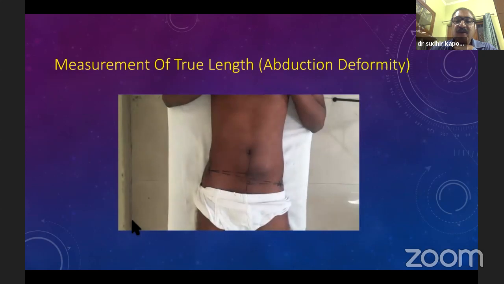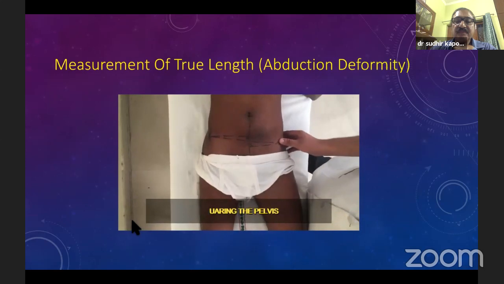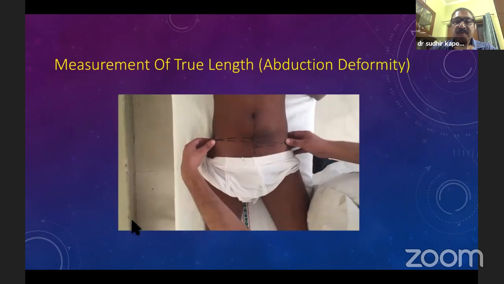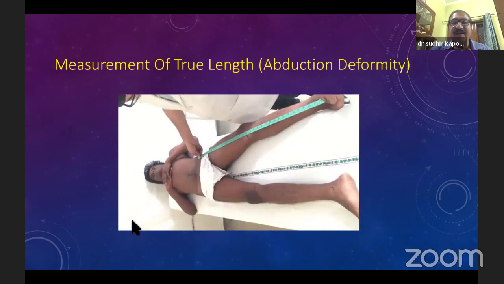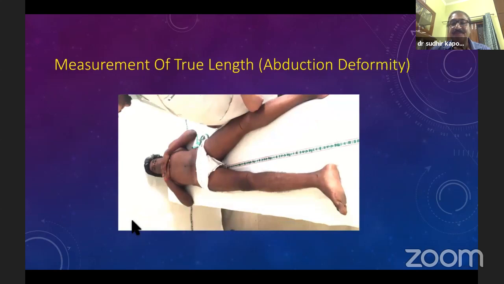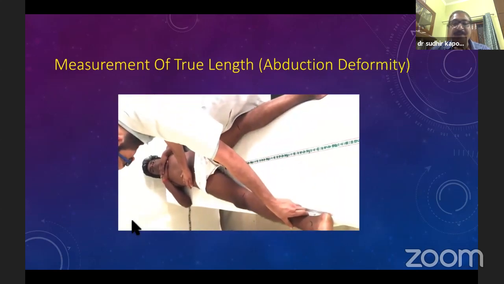The limb is squared now, and the length is measured. The opposite limb, which was a normal limb, must be taken into a similar degree of abduction to measure the true length, which is being done now. Now you measure deformity.